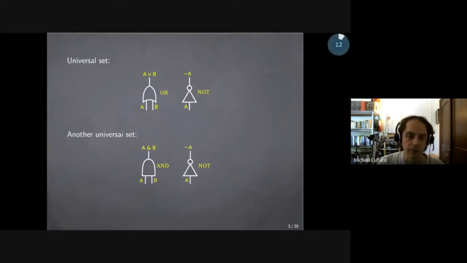Here's another universal set. Rather than OR, I can just limit myself to AND and NOT, and that will also allow me to perform any classical circuit I like. I can construct anything I like with just those two.